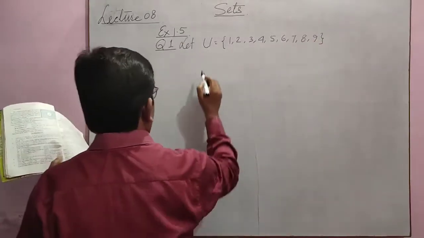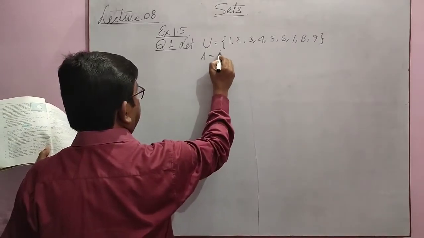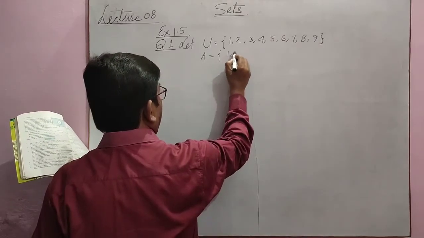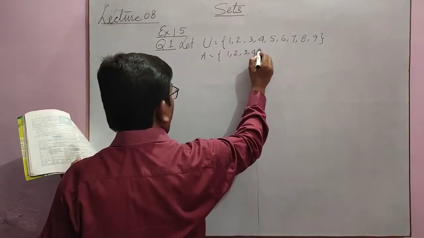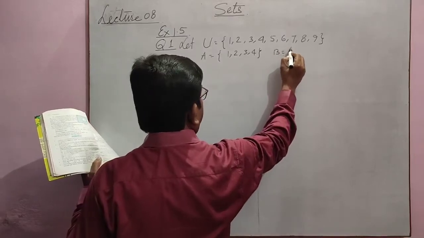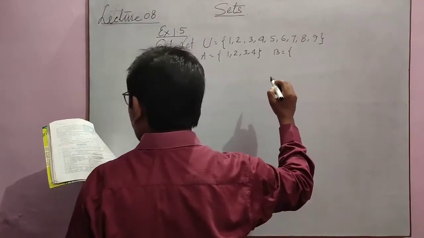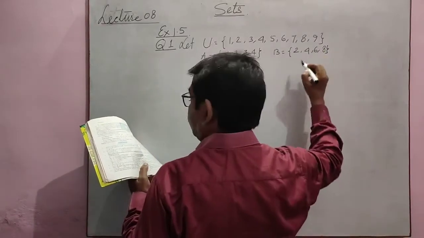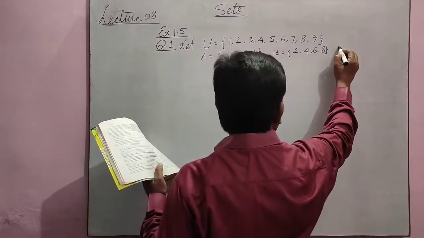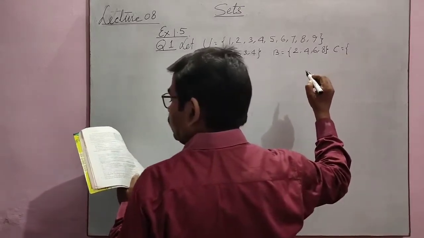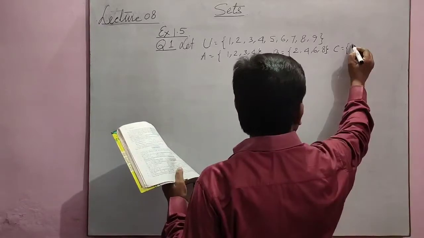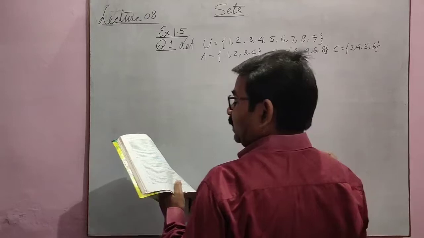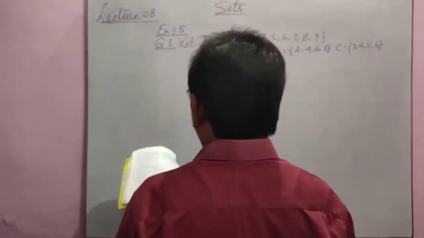And some other sets are also given. A is a set containing elements 1, 2, 3, 4. B is another set containing elements 2, 4, 6, 8. C is another set containing elements 3, 4, 5, 6.